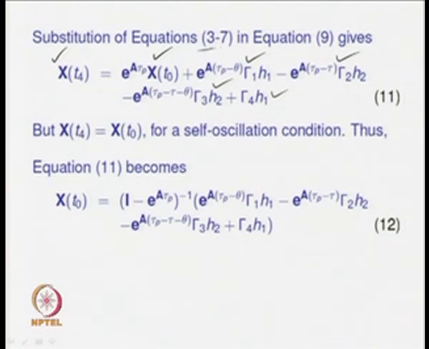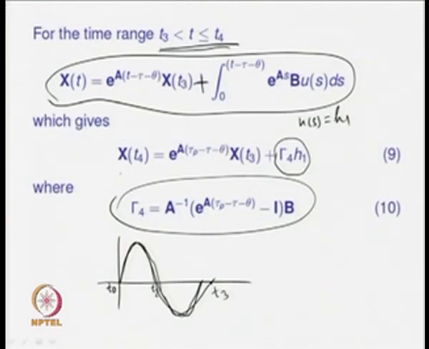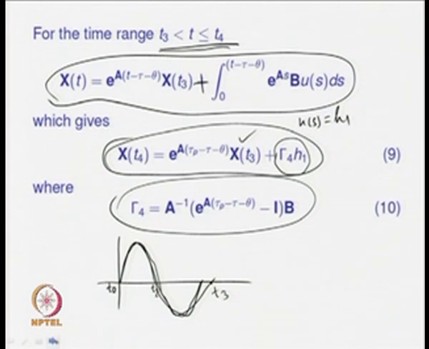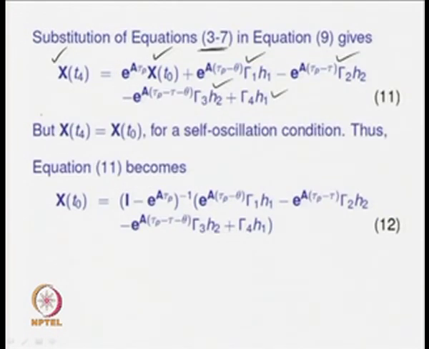If we substitute equations 3 to 7 in equation 9, equation 9 is nothing but the expression we have obtained for x(t4). So, when the state variable x(t3) is substituted here, one obtains the expression for x(t4).